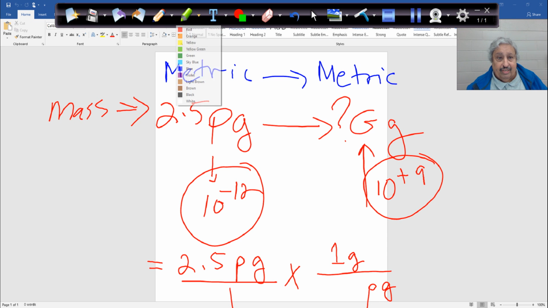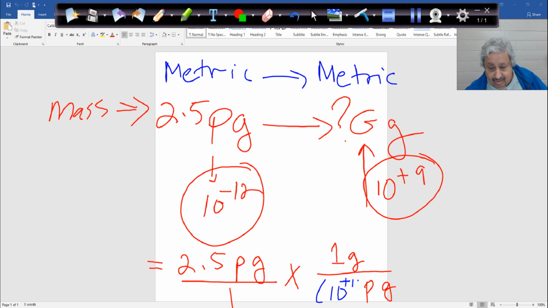So I have to put in front of it the value opposite to the exponent. The exponent of p is 10 minus 12, so I put 10 plus 12. Why? Because if I multiply the p value with this value here, 10 minus 12 plus 12 makes 10 to the power 0, which is 1, which equals this.